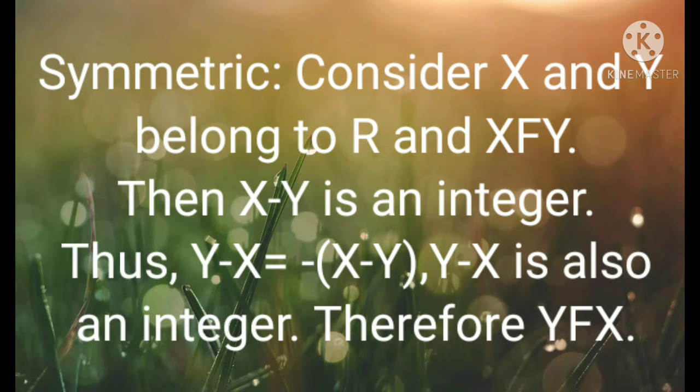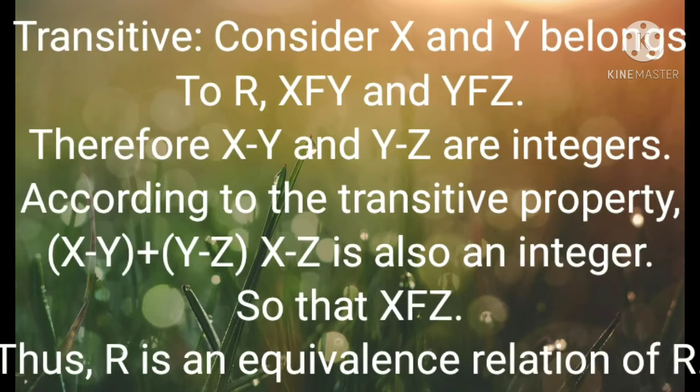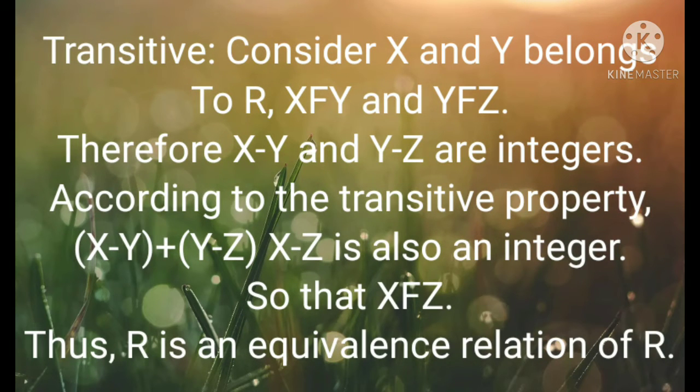Symmetric. Consider x and y belonging to R and x f y. Then x minus y is an integer. Thus, y minus x equals minus (x minus y), which is also an integer. Therefore, y f x. Transitive. Consider x, y, z belonging to R, x f y and y f z.